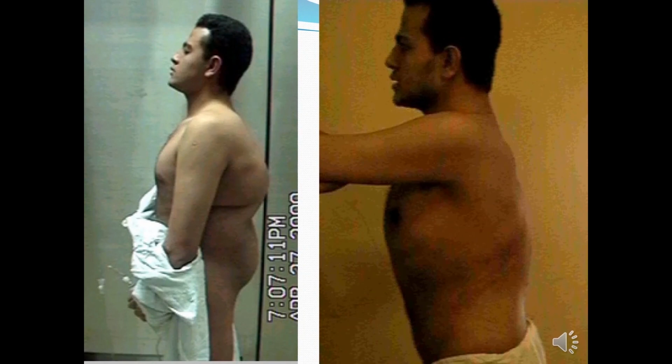Post-op X-ray of the same patient showing how correction could be achieved through an anterior release only and posterior instrumentation. On the left, the pre-op clinical picture of the patient, and on the right, the post-op clinical picture, which shows good correction.